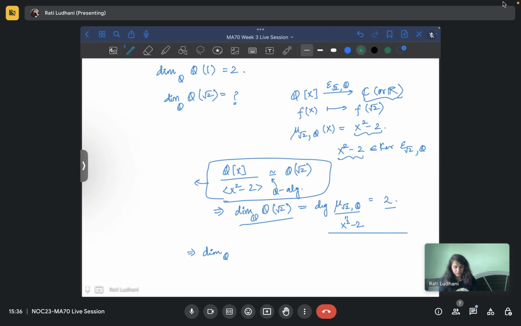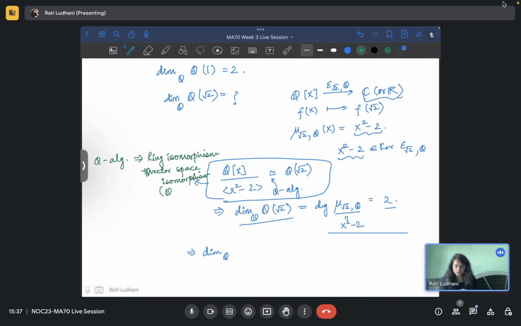Yes. Okay. So we are saying these are isomorphic as Q algebra. So Q algebra isomorphism means this implies this is a ring isomorphism, plus vector space isomorphism. That means Q linear isomorphism. So Q vector space isomorphism.